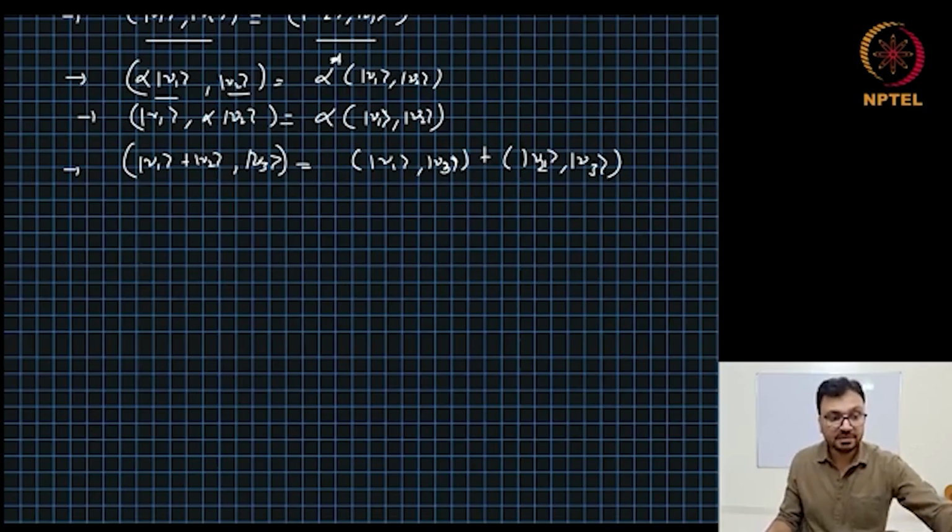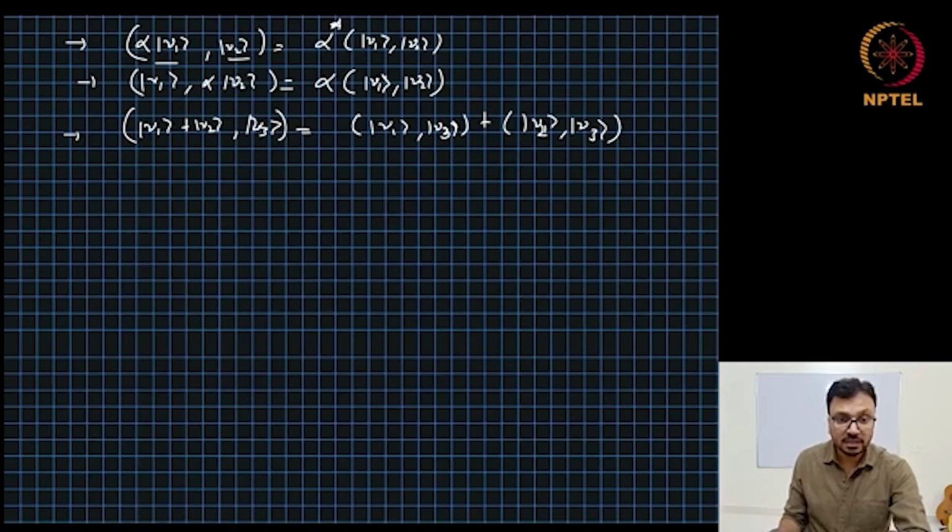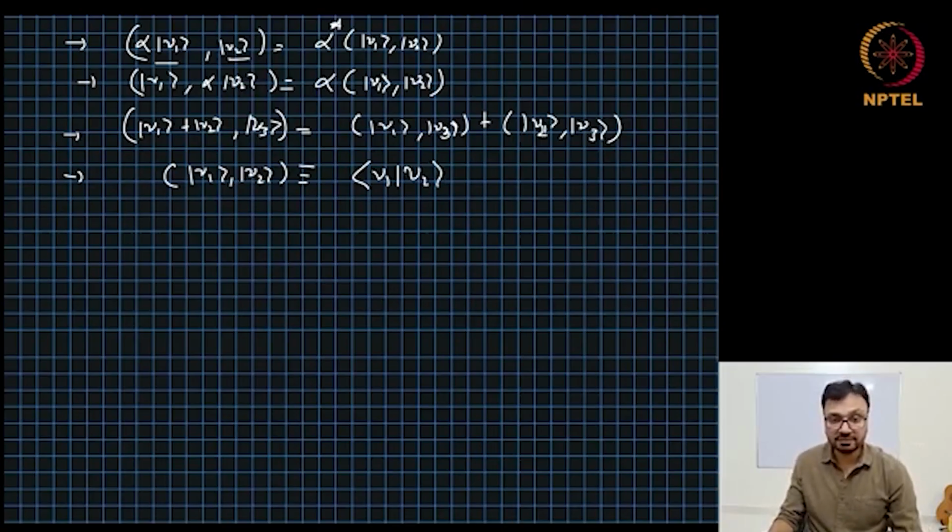It seems very trivial, but sometimes these properties can be very, very important. So throughout the quantum mechanics course, or foundations of quantum mechanics course, we will be representing V1, V2 as V1, this opposite symbol, and V2. So this will be the definition. This is how we will be representing the inner product.